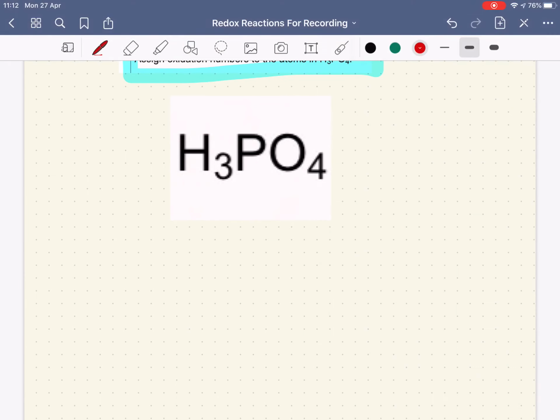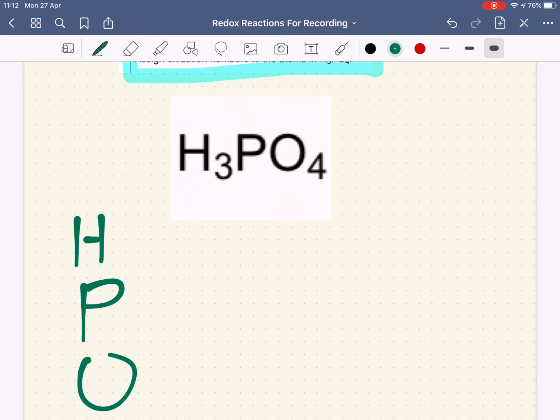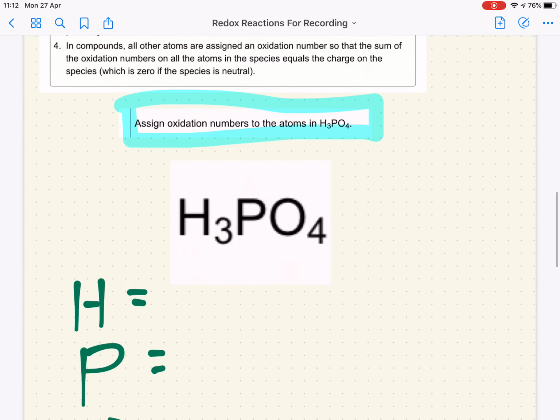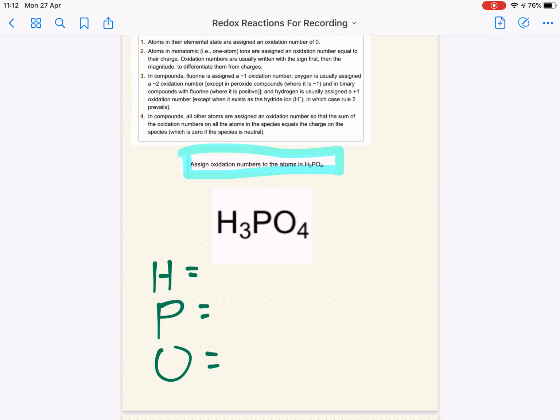I'll write it out here, and then you can go ahead and assign those, right? So what is it for hydrogen? What is it for phosphorus? What is it for oxygen? All right, so pause the video. Use the rules up at the top here and figure out the oxidation numbers for each of these 3.